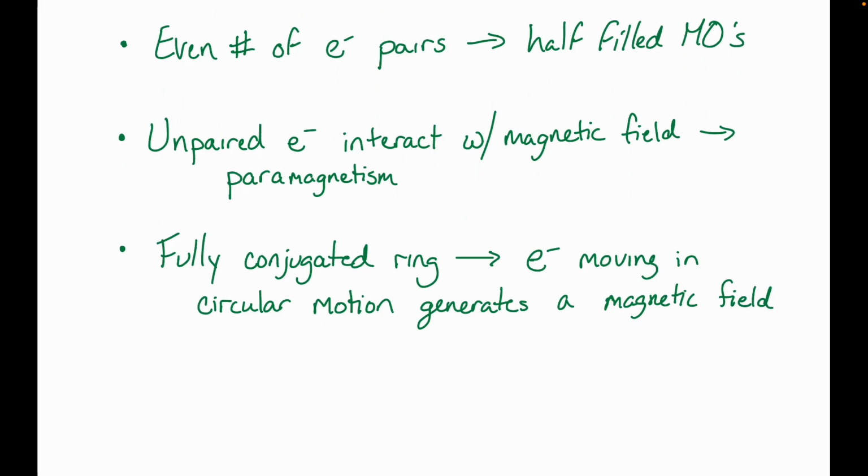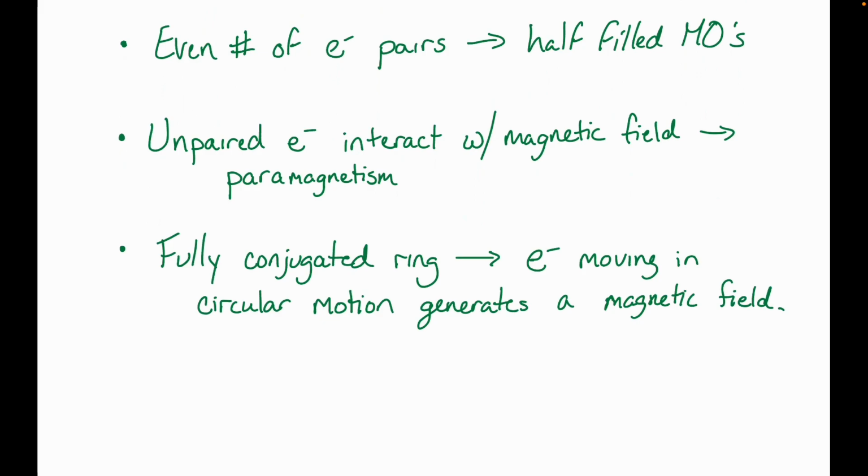This is something that you may have learned in your physics course. In fact, how does a wind turbine work? How does that generate electricity? It spins this magnet round and round, and that's what's moving electrons. Same thing, the opposite is true as well. If we have electrons that are moving in a circle, they will generate a magnetic field. And we have these unpaired electrons that are then interacting with that magnetic field.